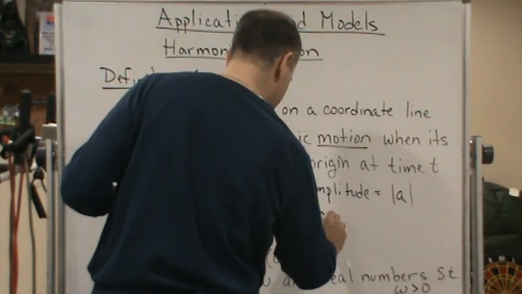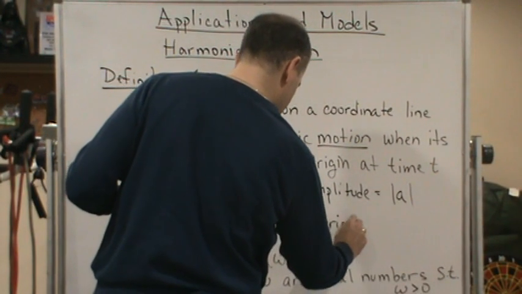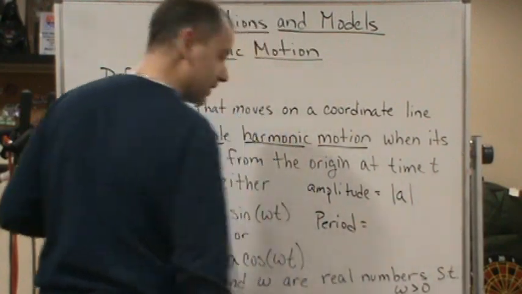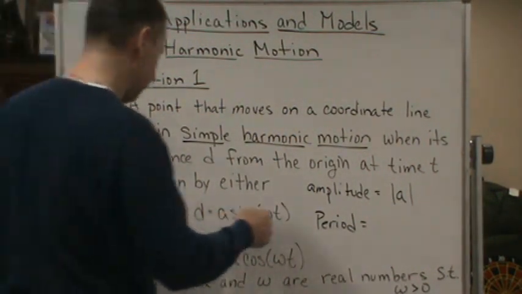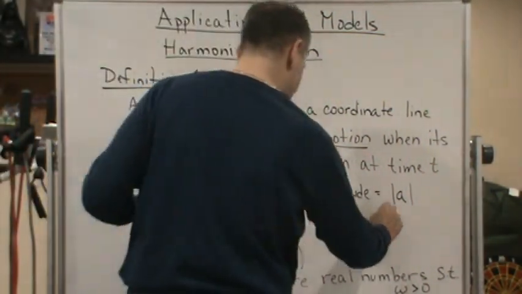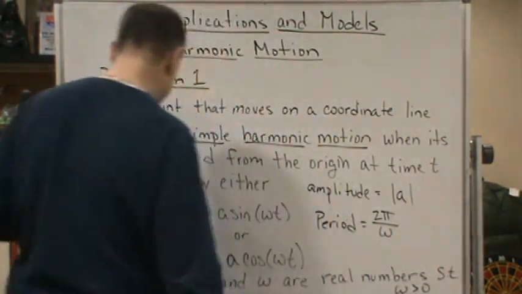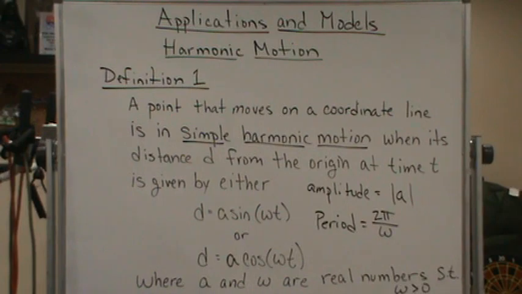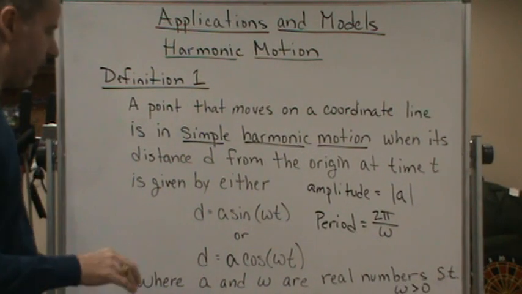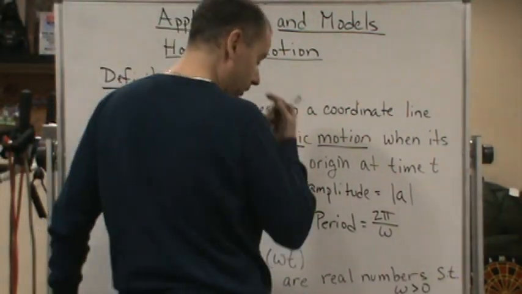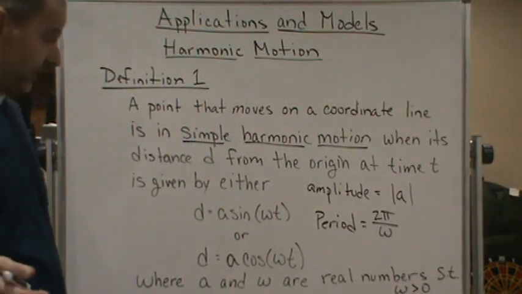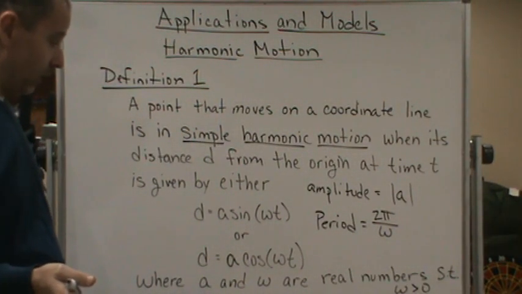And the period, again, this should be familiar from our previous videos, is going to be 2 pi divided by omega.